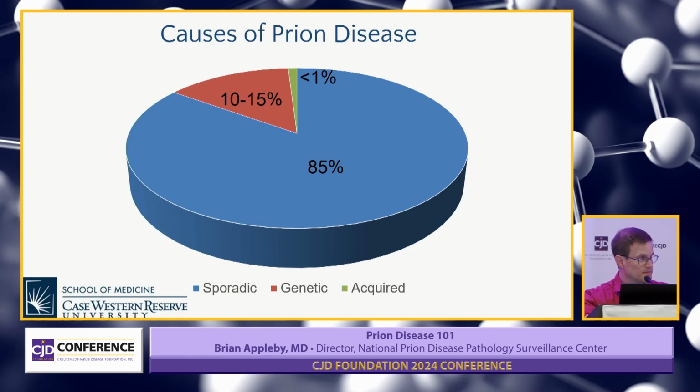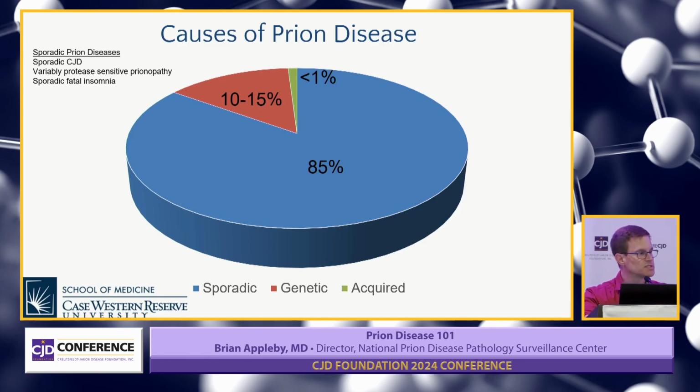Of course, not you all, but in the general population, most people think of prion disease and they think of the acquired forms, right? And you can see in this chart that's well under 1% of all cases, thankfully. 85% of all prion diseases are due to what we call a sporadic etiology, meaning it just happens. And there's two possible explanations for that, and they're not mutually exclusive.